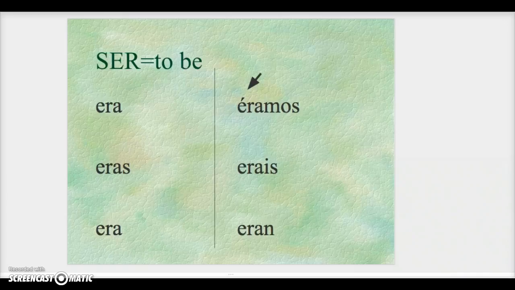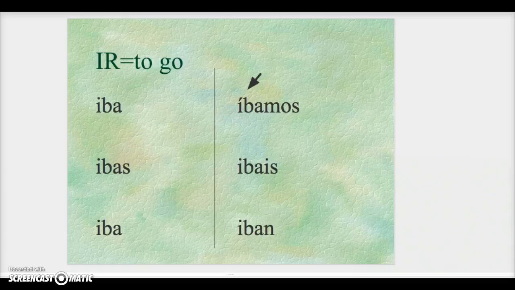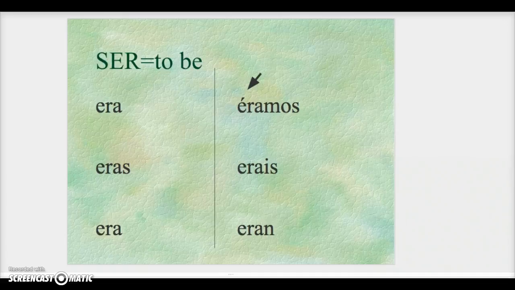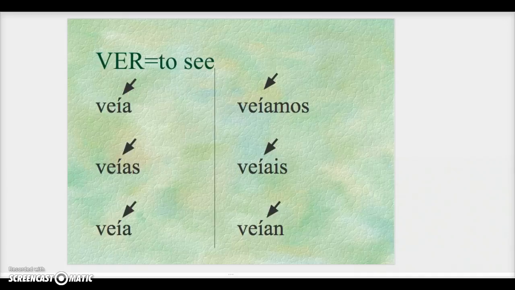Next one is the verb ser. Similar in the sense that the nosotros is the only one that has the accent. So era, eras, era, éramos, erais, eran. So for right now we have ir with the accent on the nosotros, and ser with the accent on the nosotros. And the last one, ver, has it on all of them.